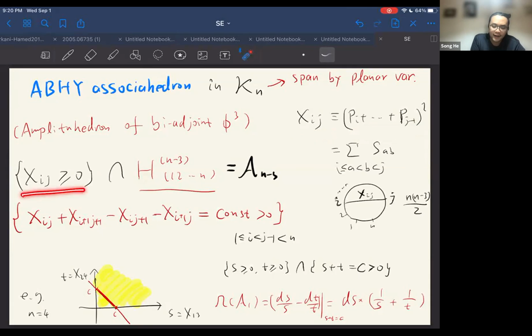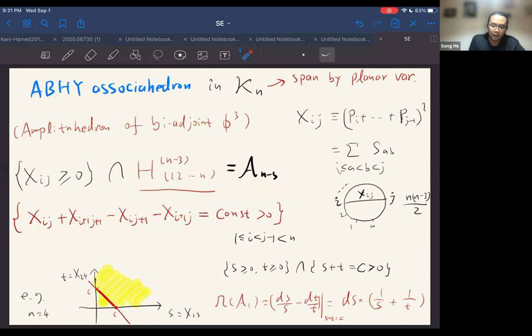So I ask all the singularities to be non-negative, and then I go to an (n-3)-dimensional subspace, which I define like this. Once I intersect this region, where all the poles are positive, with the (n-3)-dimensional subspace, I get an (n-3)-dimensional polytope, which turns out to be the associahedron.